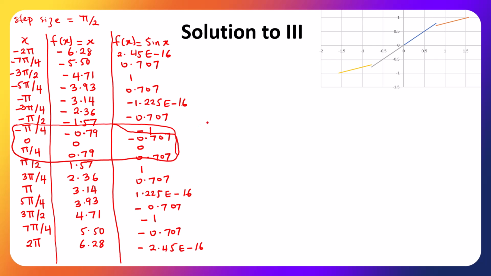So f of x must be equal to minus f of minus x for an odd function. So in this case, we know f of x. So let's check f of minus x.